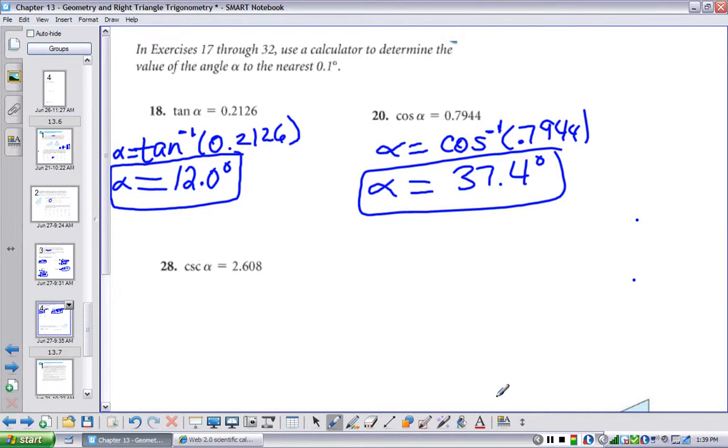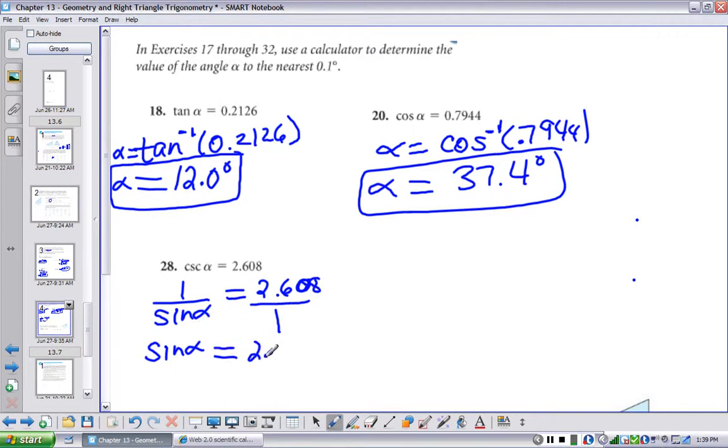Remember that cosecant alpha is 1 over sine alpha. So if I cross multiply, I have sine alpha times this 2.608 equals 1. Let's go ahead and write all the steps out.